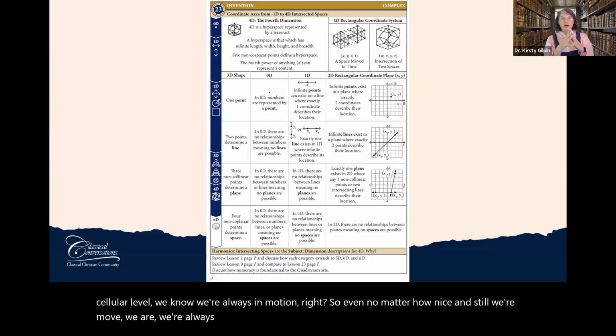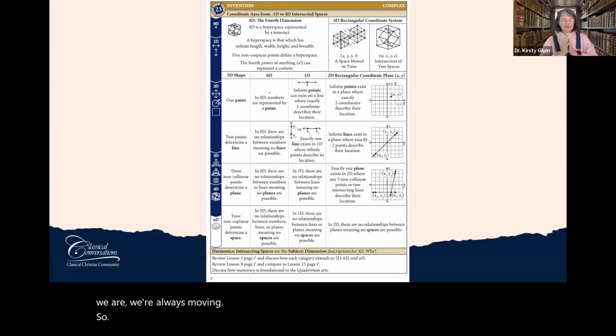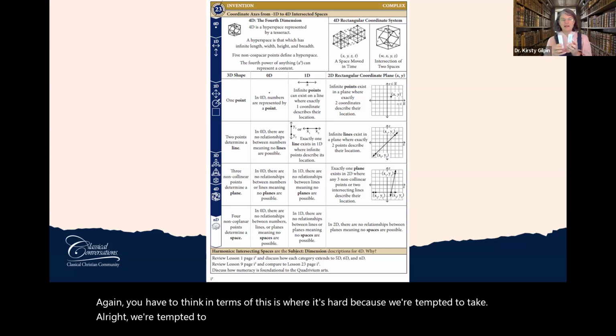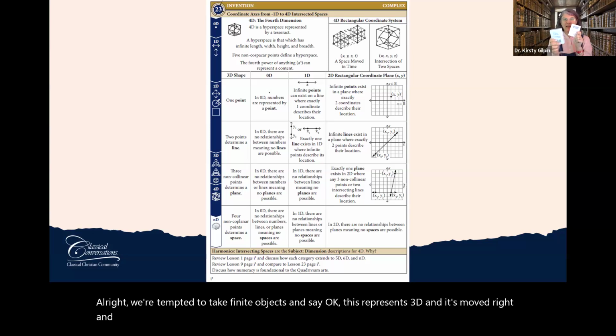So again, you have to think in terms of this. This is where it's hard, because we're tempted to take finite objects and say, okay, this represents 3D and it's moved. And so now I'm going to represent its position at time 0 and its position at time 2.